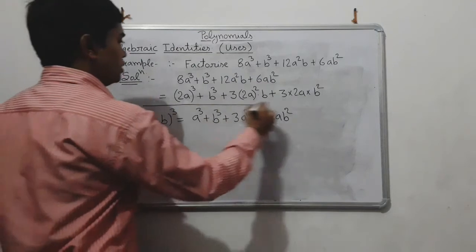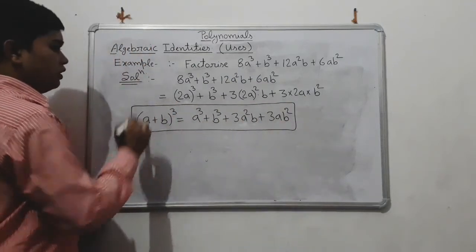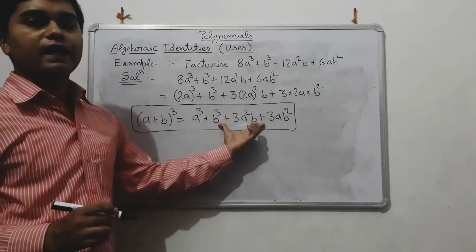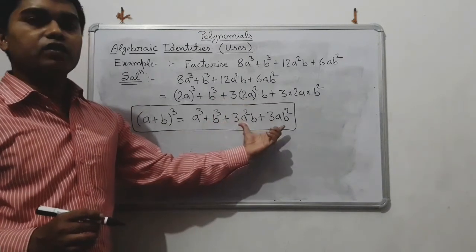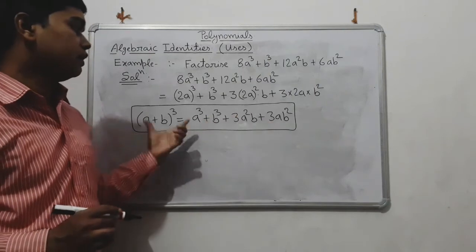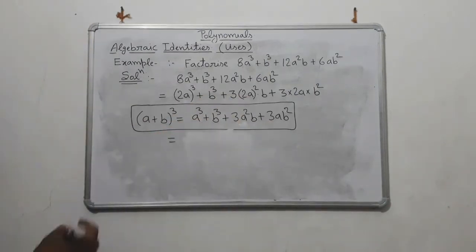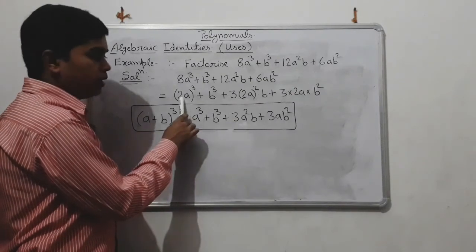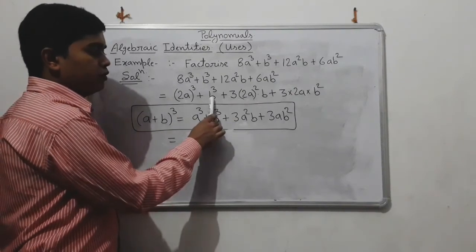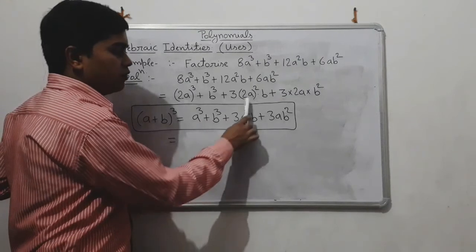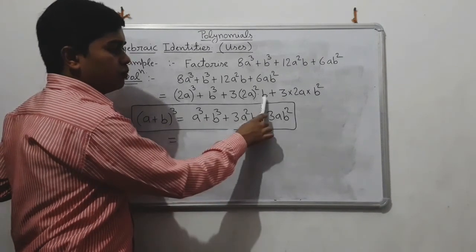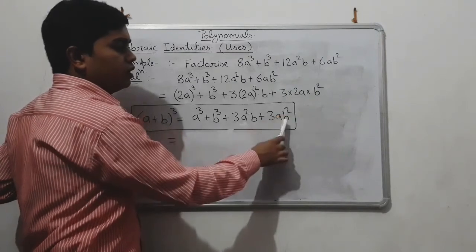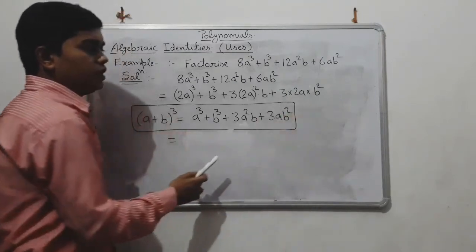Now see, this is the identity. When you compare this with the right-hand side of this identity, here in the place of a you have 2a, in the place of b you have b. Again, in the place of a we have 2a, in the place of b we have b, and same 3 is 3, in the place of a we have 2a, and in the place of b we have b.